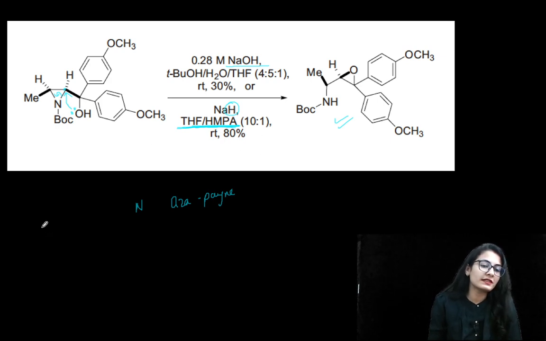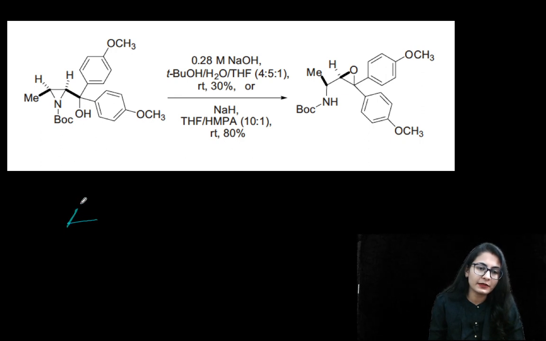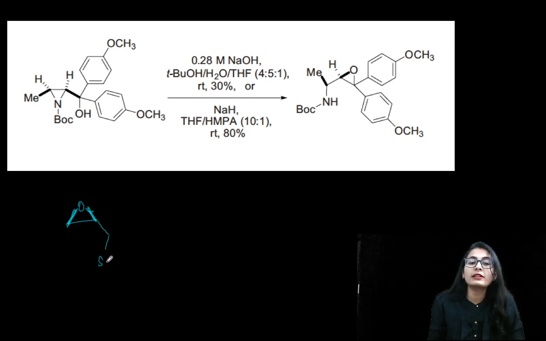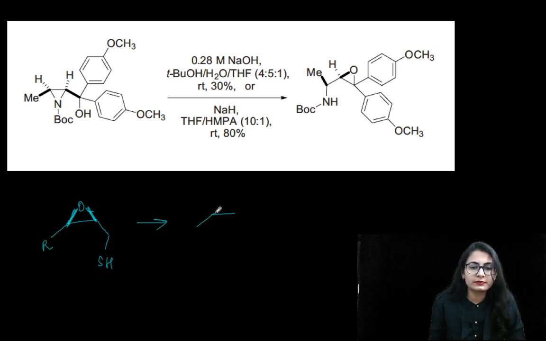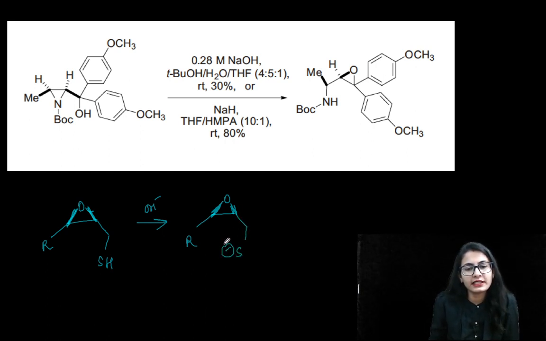If I ask you the same thing with this type of example, let's say the epoxide is above the plane, and then you have a thiol. In the presence of a base, it's going to become S minus, and definitely that is going to be an SN2 attack.